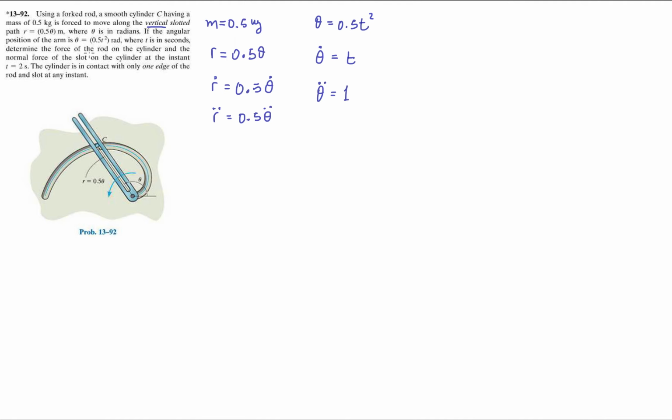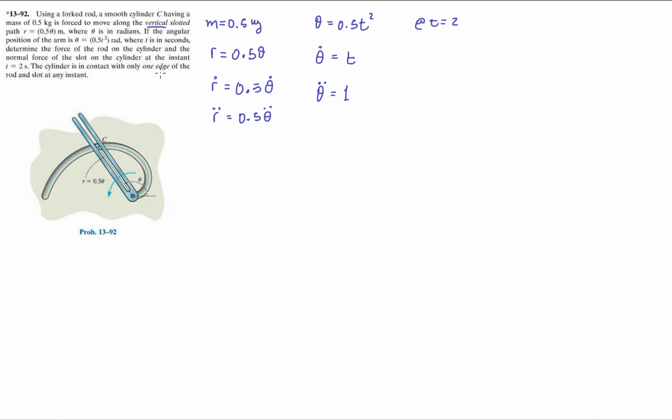Determine the force of the rod on the cylinder and the normal force of the slot on the cylinder at the instant t equals 2 seconds. So at t equals 2.